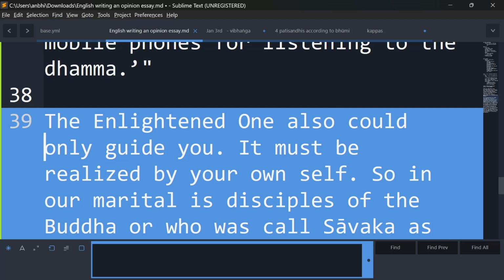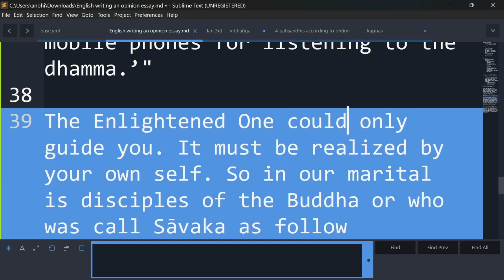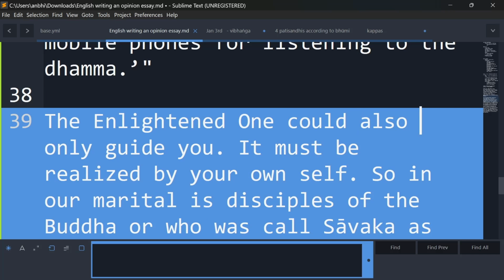I don't know. Have to check. Supabaso wrote it. Here, the problem is this. The enlightened one could also... Why could also? Not also could. He could also. Word order.